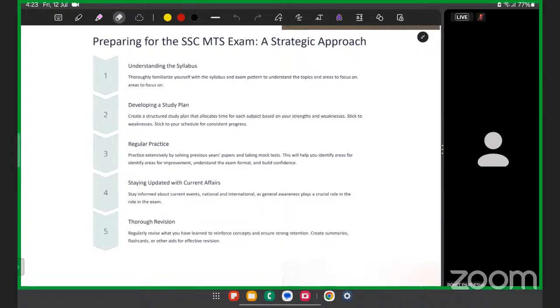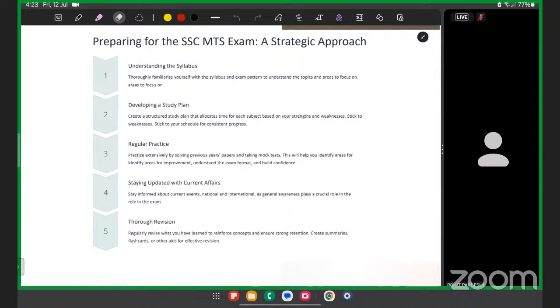In MTS, you will not be doing as hefty and challenging work as CGL, so the level of English is also on the lower side. Once again, if your level of preparation for CGL is good, you'll be good to go for MTS. The only additional thing here is a lot of practice of MTS papers.